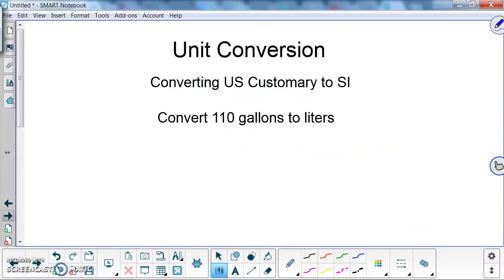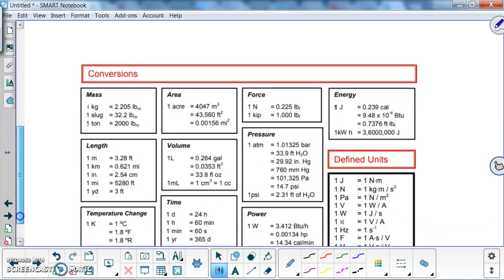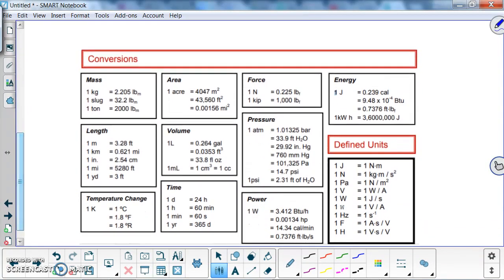The unit conversion, converting U.S. customary to international system. If I have 110 gallons and I'm converting to liters, again, I want to look and see if I have a gallon to liter conversion. That is 0.264 gallons equals 1 liter.